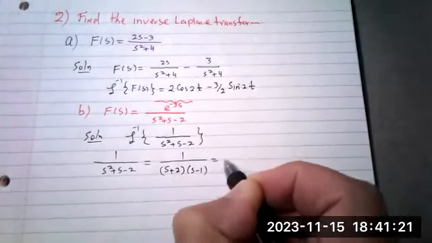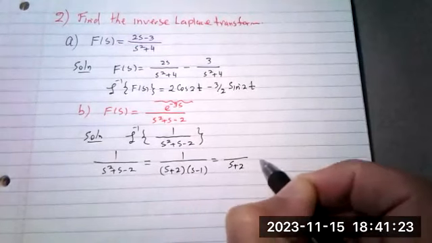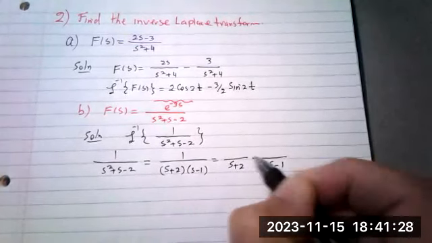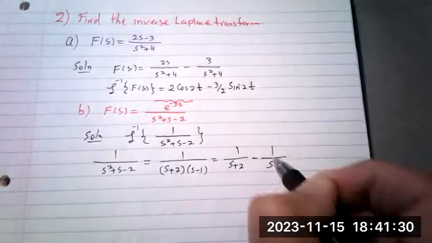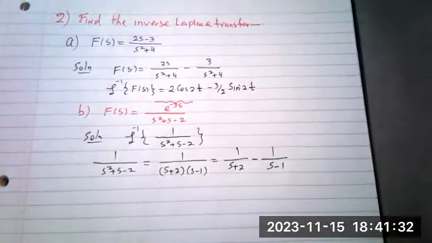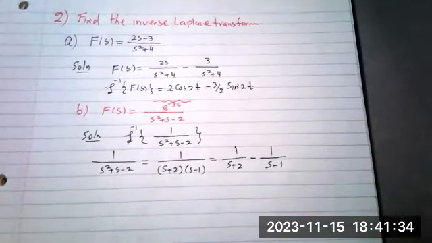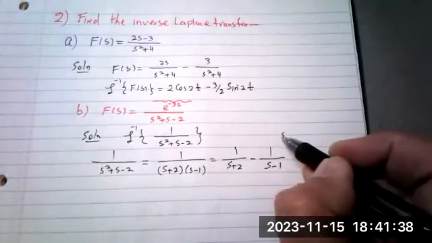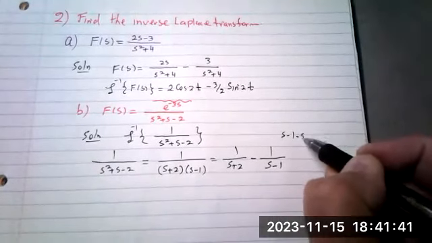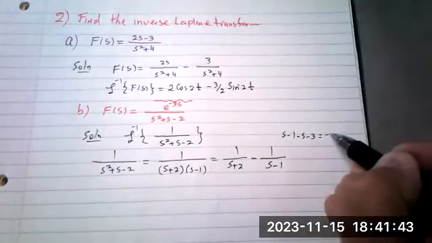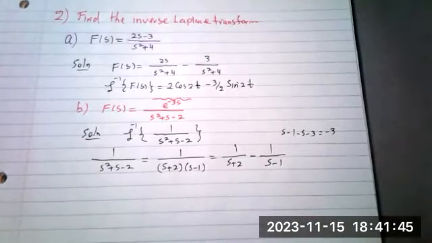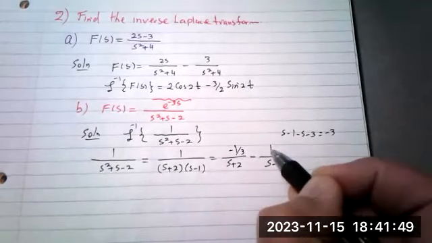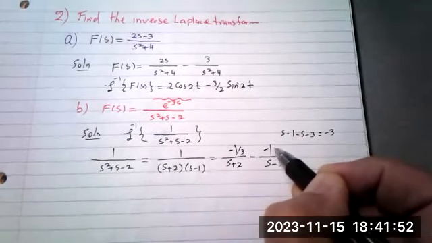You break it into s plus 2 and s minus 1. We check it: if it's okay, we are done, otherwise we are going to create it. 1 times s minus 1 would be s minus 1, and this would be negative s minus 3, so the result would be negative 3. So we divide both sides by negative 3: negative 1/3, and this is going to be negative 1/3.